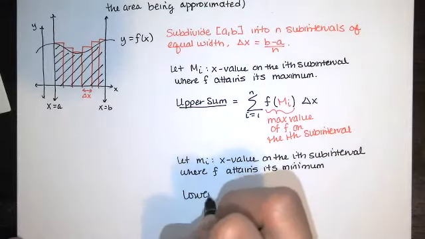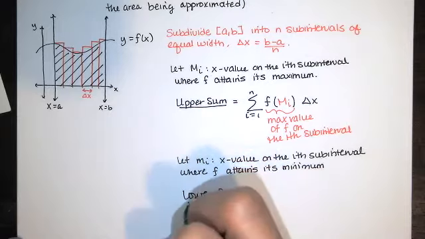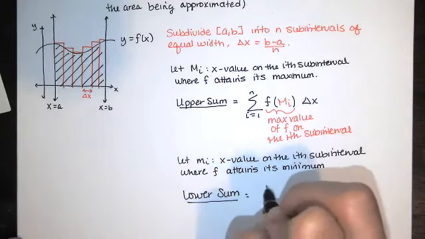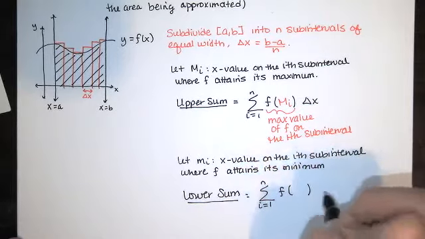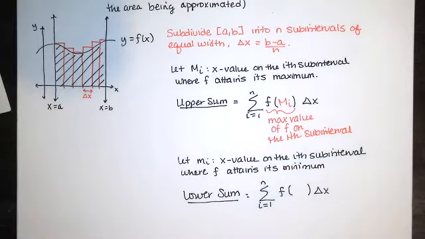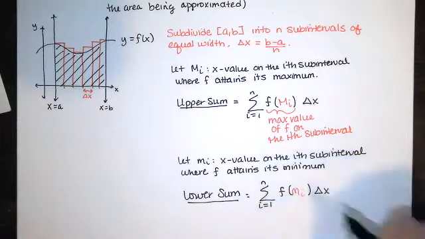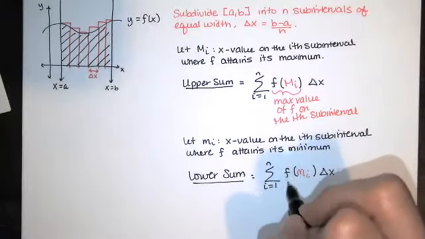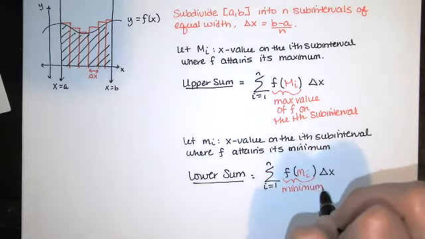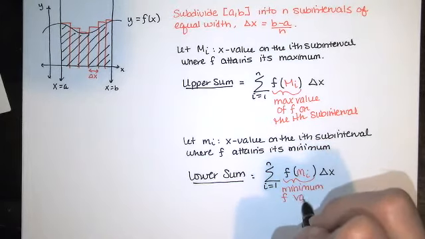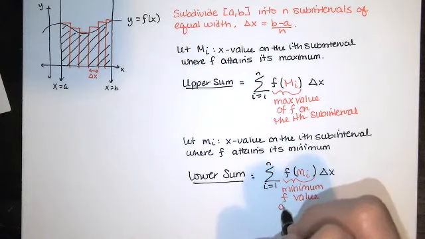Then the lower sum is given by this formula. It's the sum as i goes from 1 to n of f evaluated at those x values that yield minimums times delta x. This is the minimum value of f on that subinterval.